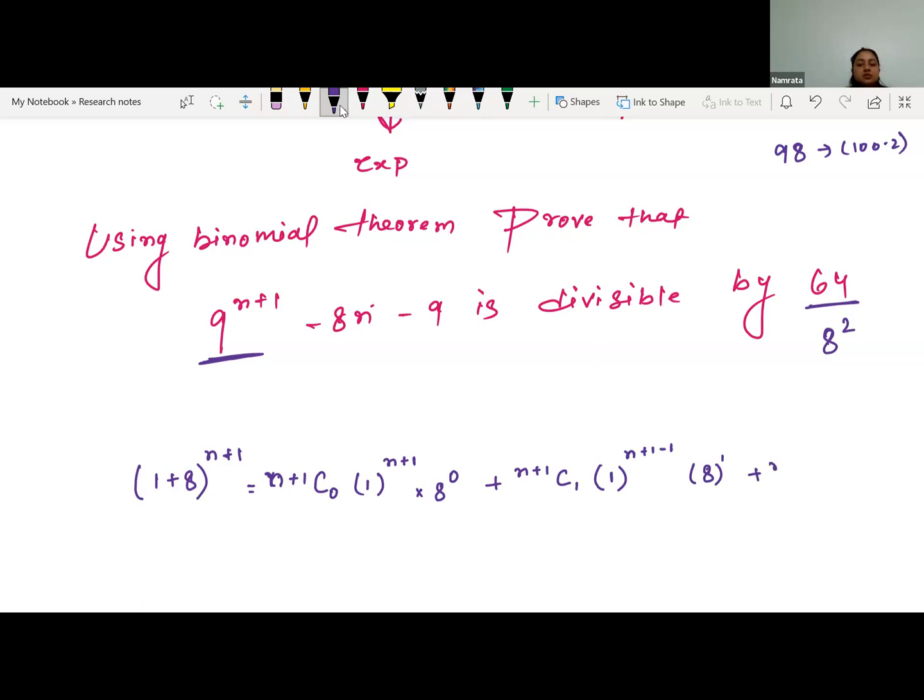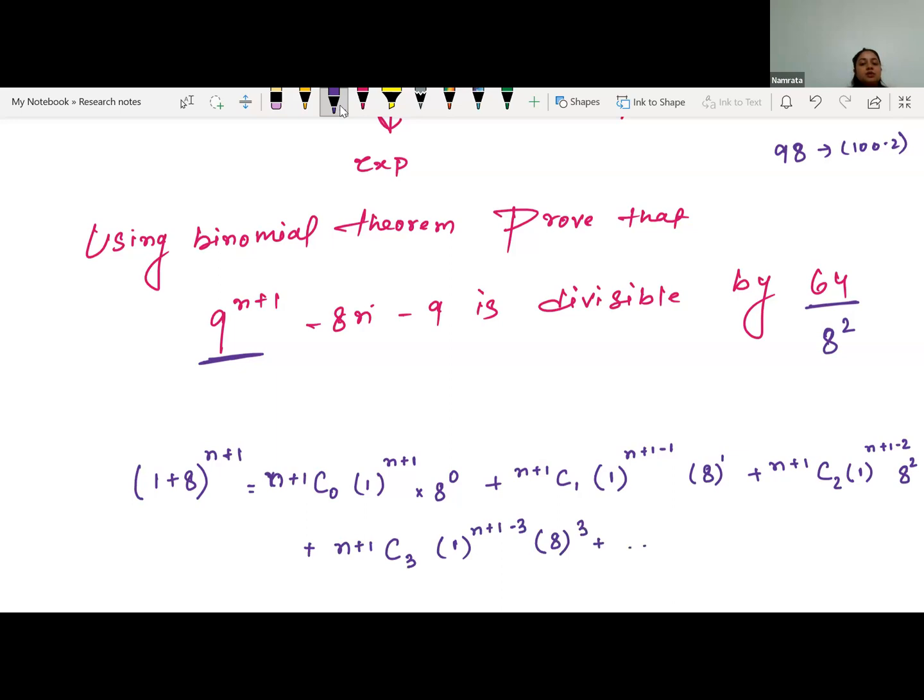Then n plus 1 c2, 1 to the power n plus 1 minus 2 into 8 to the power only 2. Plus, let's write one more, n plus 1 c3, 1 to the power n plus 1 minus 3, and then 8 to the power only 3.